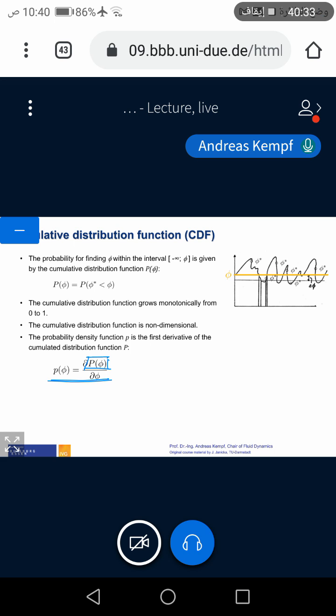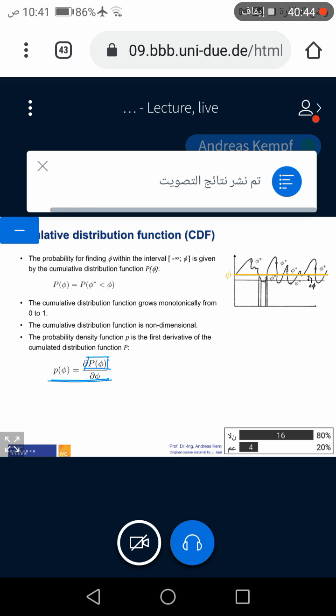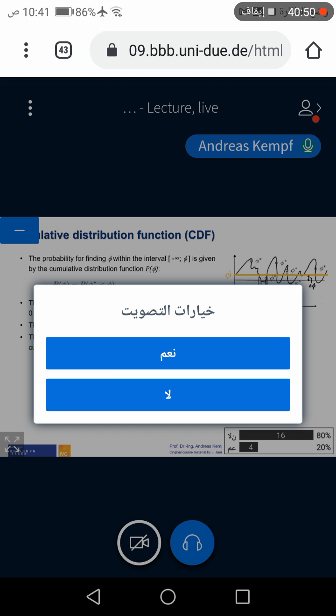We have to close this first. This was the old poll. Okay, now we do a new poll. So, who has an idea what CDF and PDF are? Please answer now.